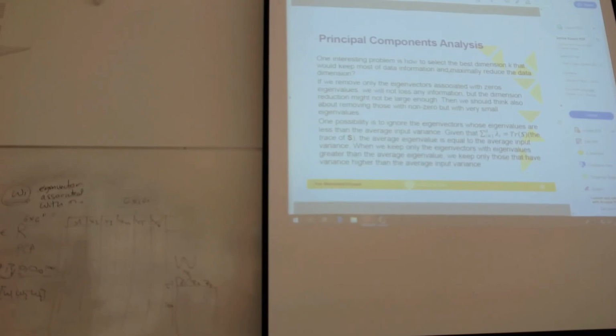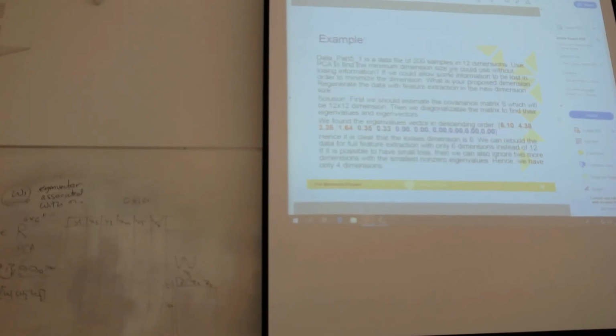There is one thing, for example, if you want to remove only the zero eigenvalues. In practice, it is very rare to find zeros in the eigenvalues. You might have small numbers, but not zeros.